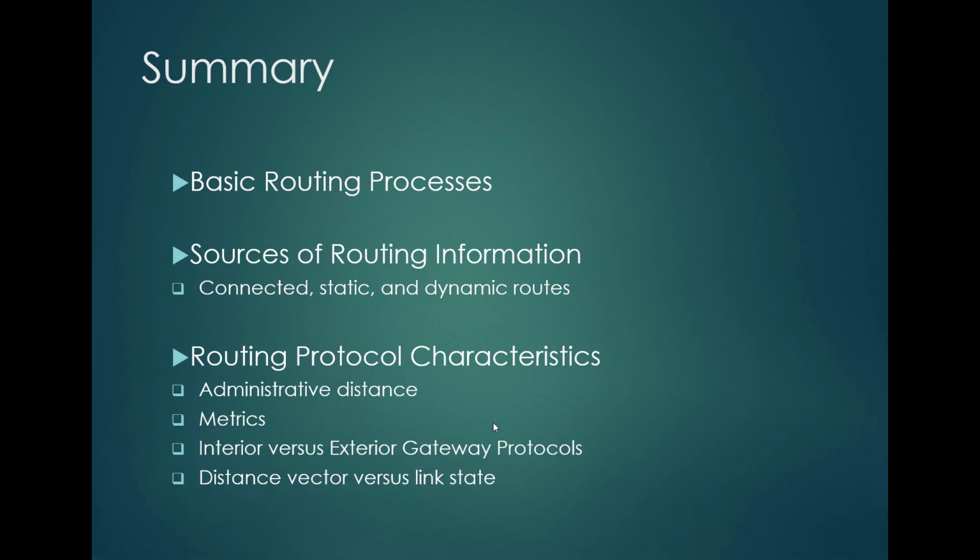A quick summary: basic routing, sources of routing information, routing protocols, administrative distance and metrics, internal and external routing, distance vector versus link state. Routing can be static, dynamic, or a combination of both.